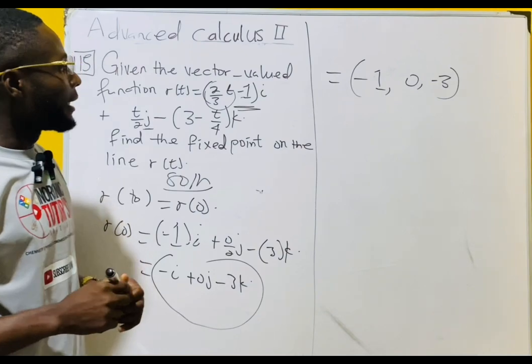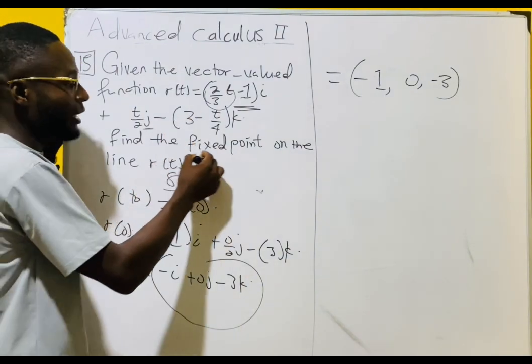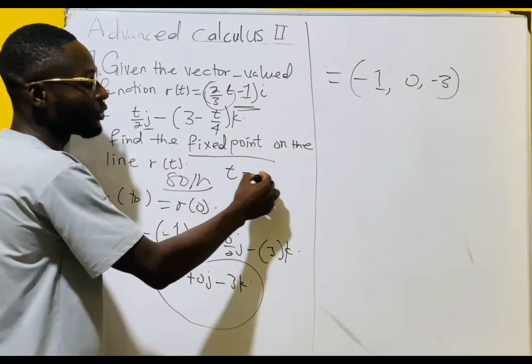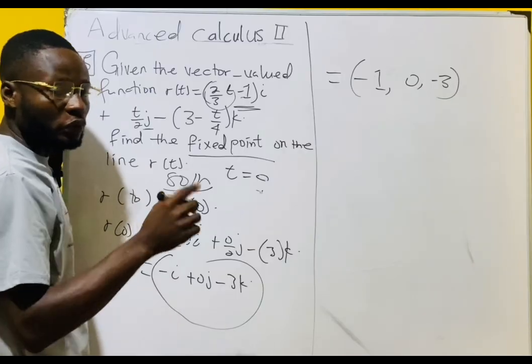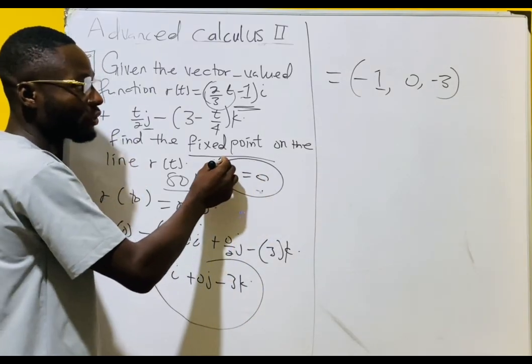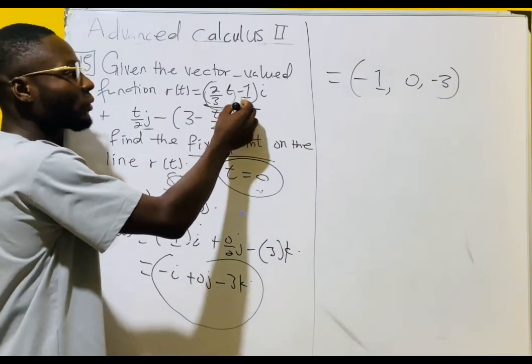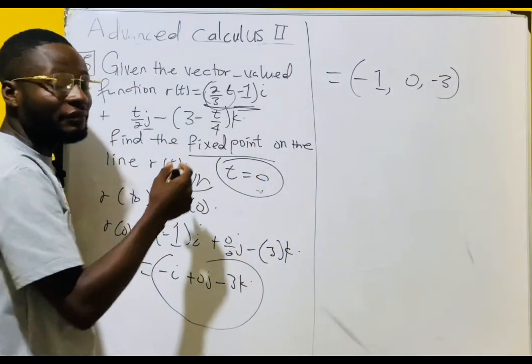That is why, note, at the fixed point t is equal to 0. Once t is equal to 0, then you're going to have a constant.